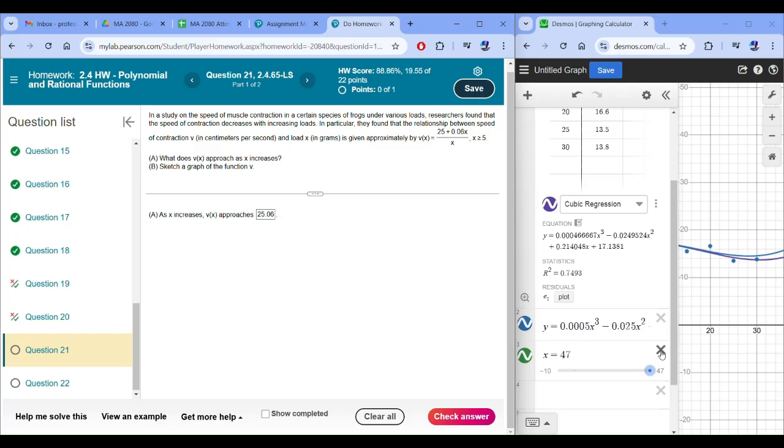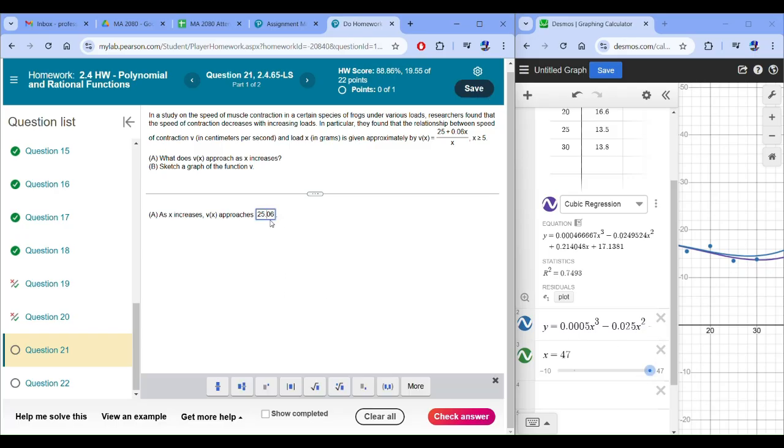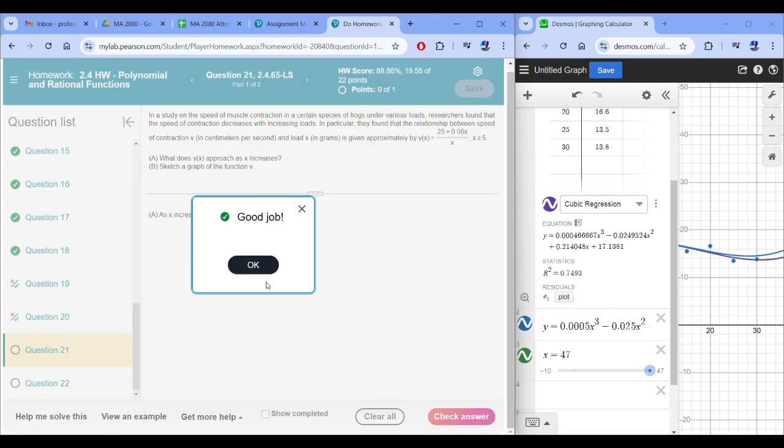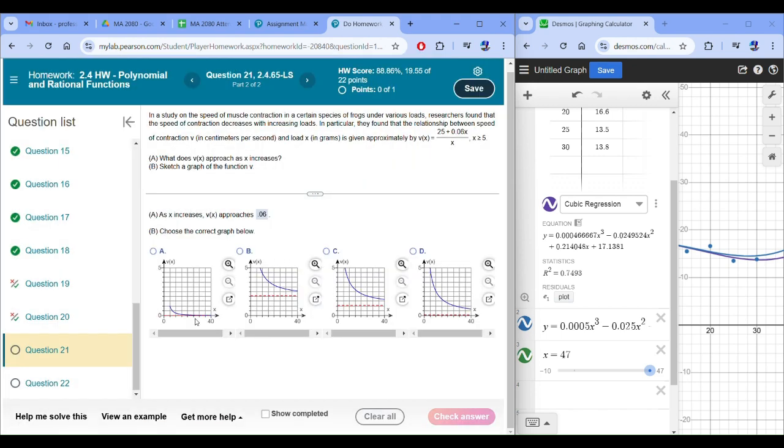What's 0.06 divided by 1? 0.06. Yep. 0.06 is probably going to be that number right there, right? And it's going to be approaching that. So does it happen quickly or slowly? Slowly.